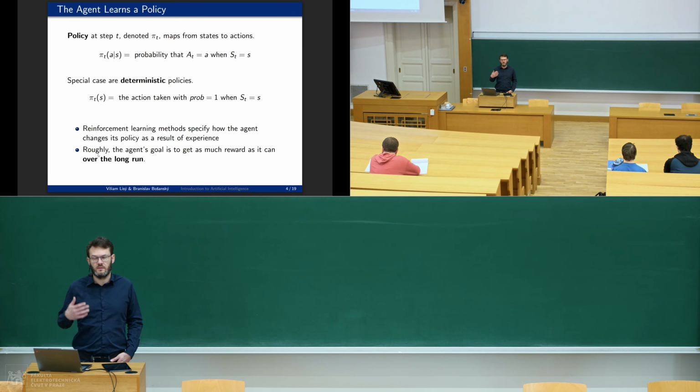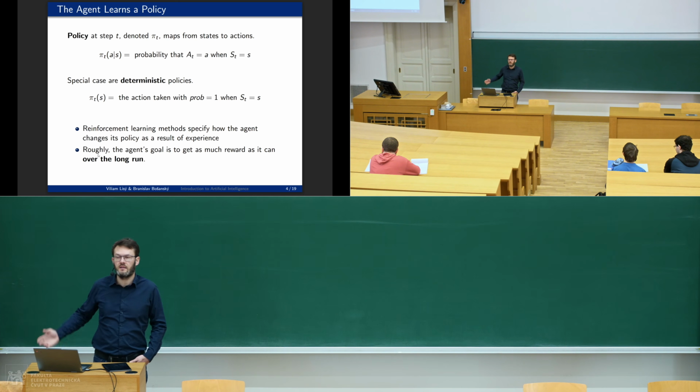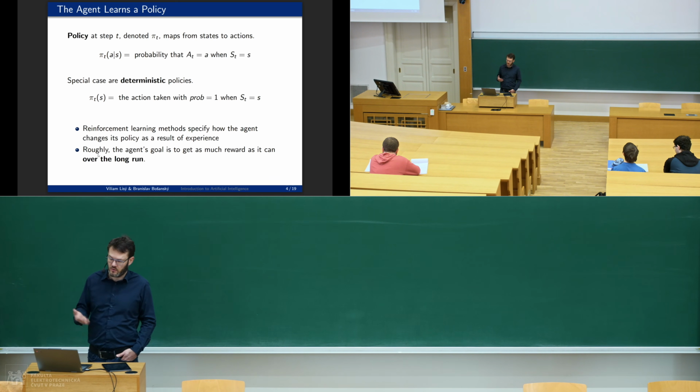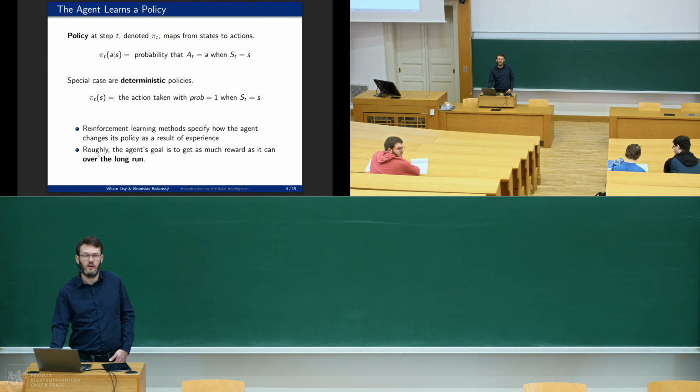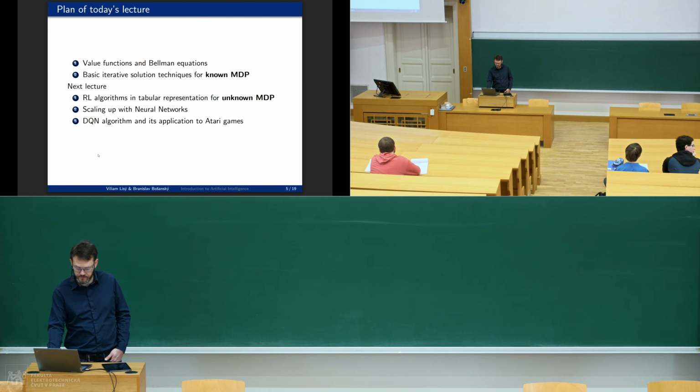And we talked about what over the long run means, that it can have different definitions, but the most commonly used, which we'll be using all the time, is the discounted sum of rewards. So the sum of rewards from now until forever, weighted by this gamma discount factor.